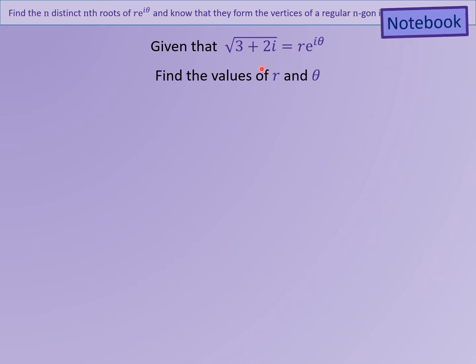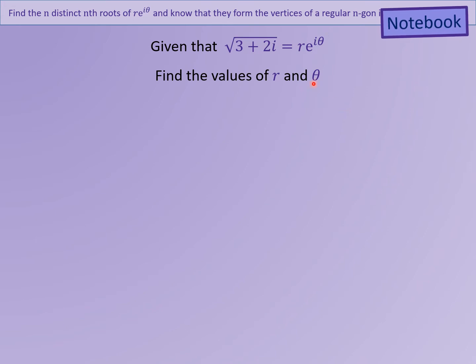Okay, grab your notebooks then, please. Let's move on to the same question, but this time looking at it with exponential form. So I know that 3 plus 2i can be written as a plus bi, but I also know that a plus bi can be written in exponential form, re to the i theta. So what I'm going to do is see if I can find the values of r and theta using that.